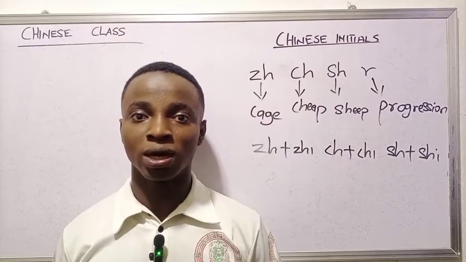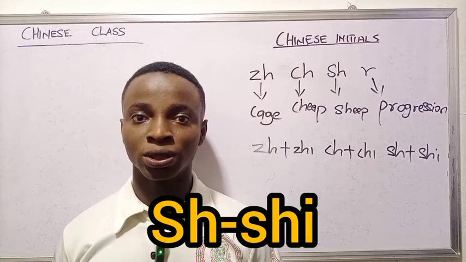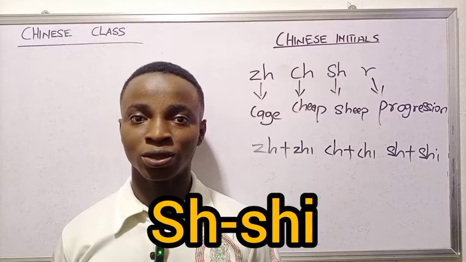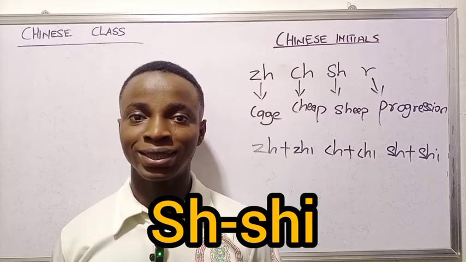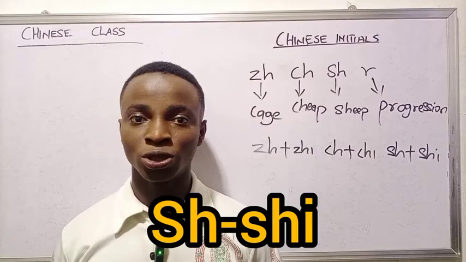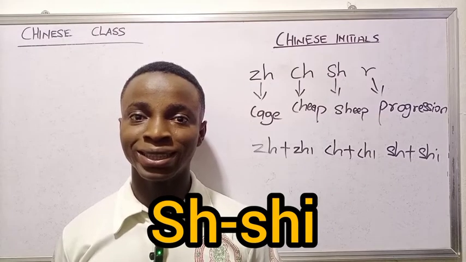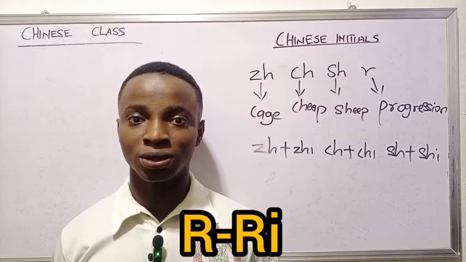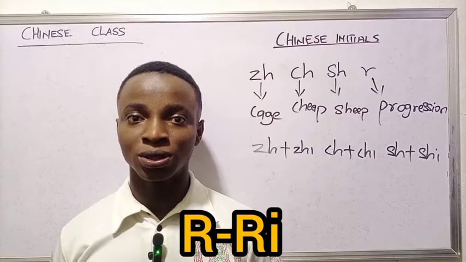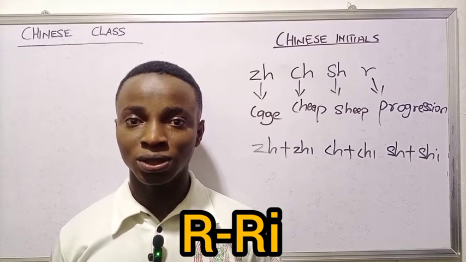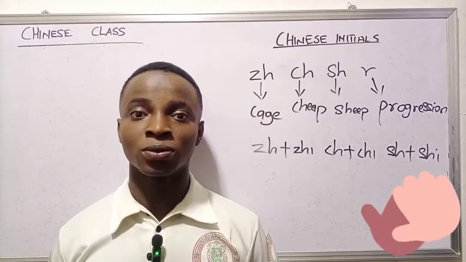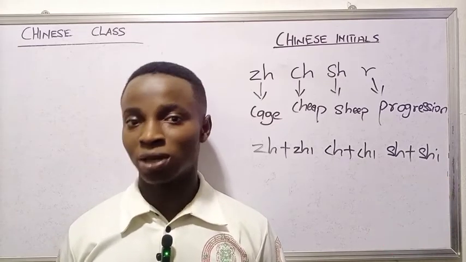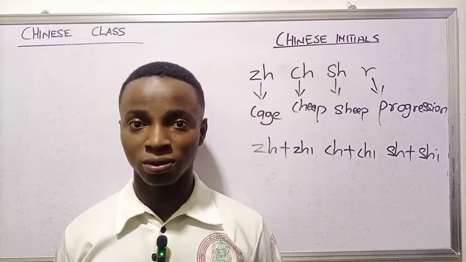The third one will have shi, shi, shi. And the last one will have ri, ri, ri. Beautiful. So now let's practice some new vocabularies with these words.